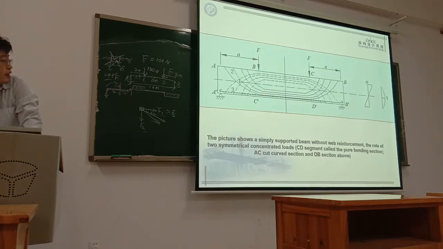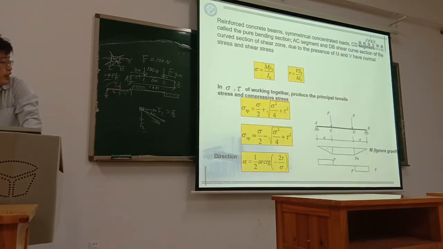So in this part, under the action of these two concentrated forces, actually the CD part is merely a pure bending part. There's no shear force actually in this CD part, only moment.